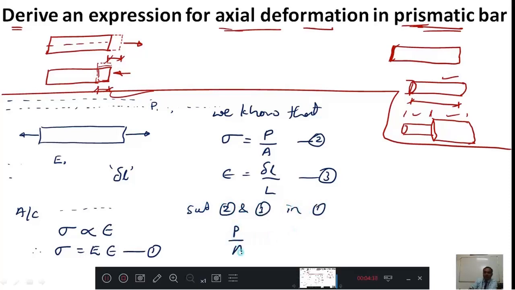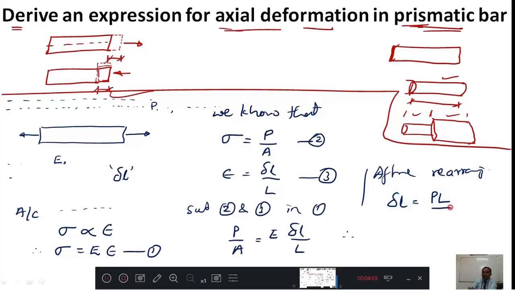P by A equals E into delta L by L. Rearranging, delta L equals PL by AE. This is an expression for axial deformation in a prismatic bar. Write down this derivation.